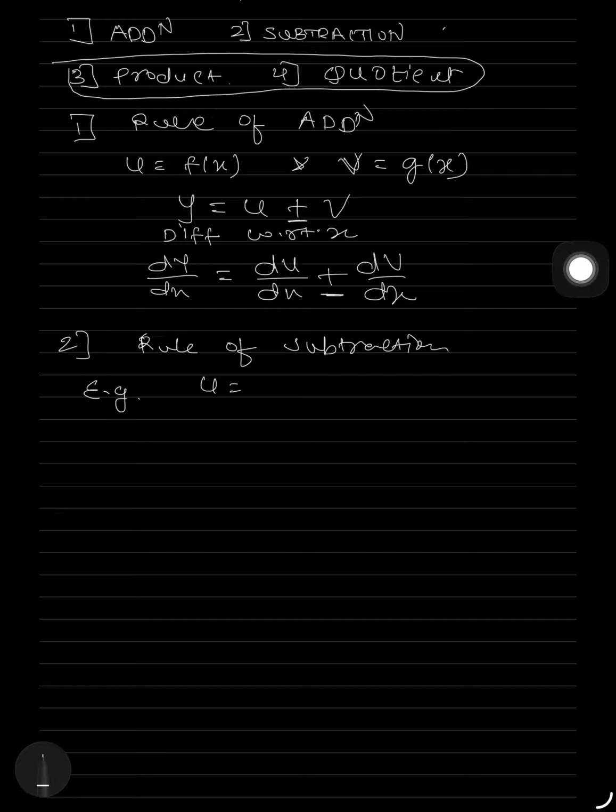Say u is defined as e raised to x, and v is defined as tan x. So y is equal to u plus v means y is equal to e raised to x plus tan x.